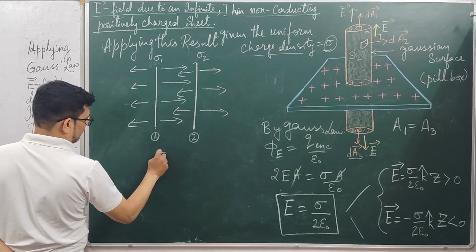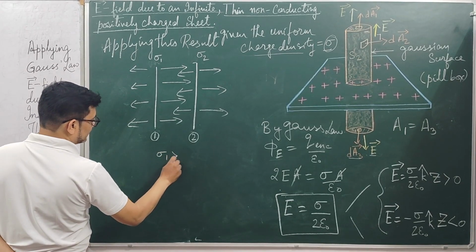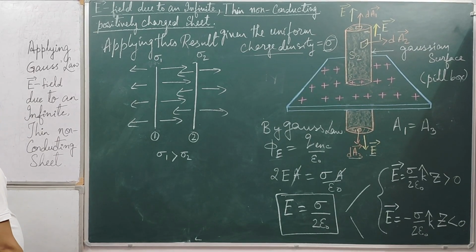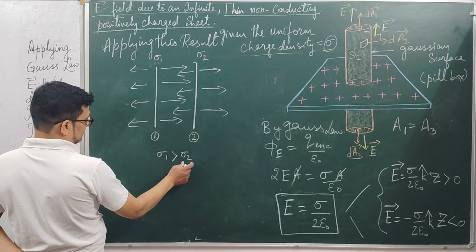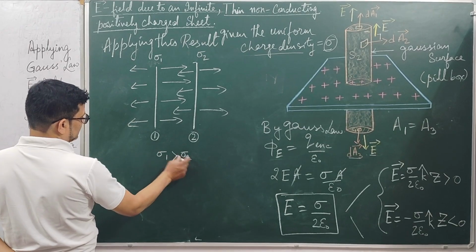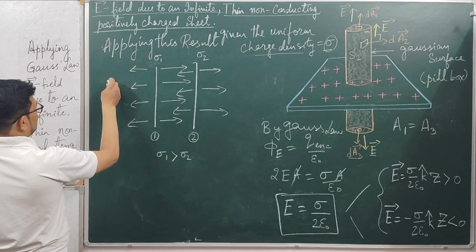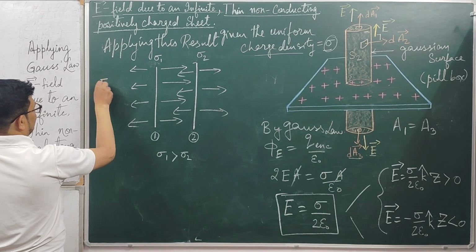Suppose we take sigma 1 to be more than sigma 2. If it is more than sigma 2, the surface charge density is different. And what's going to be the net electric field?